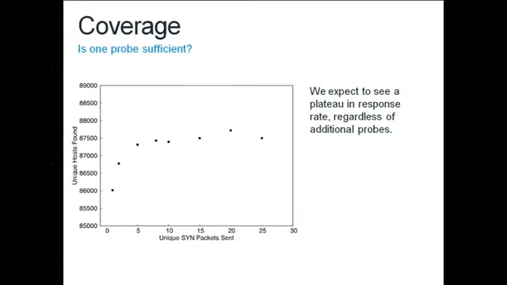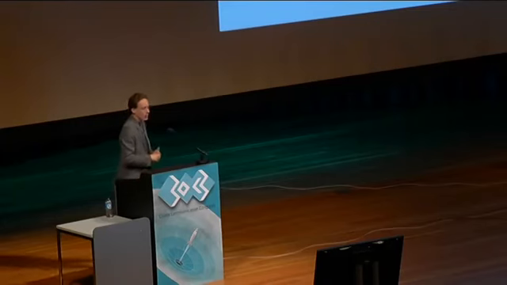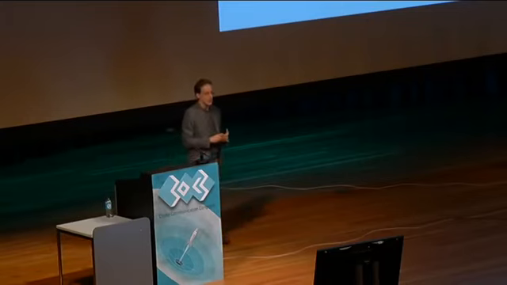What we'd expect to see is that as we send more and more, eventually we reach some plateau, some number of SYN packets at which only a vanishingly small number of hosts will have lost them all. Basically, we're trying to reach ground truth here, some denominator against which to compare the numerator of how many results we've gotten. What we do find indeed is that there is a plateau.